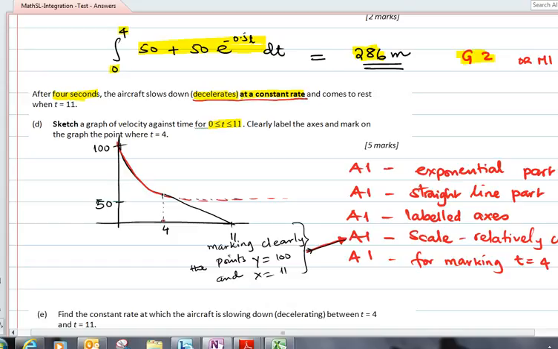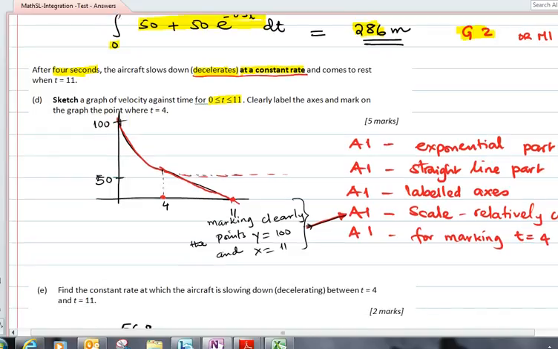So from t equals 4 up to t equals 11, that is a constant deceleration, which means a straight line. So the graph changes from being exponential to a straight line all the way up to t equals 11.